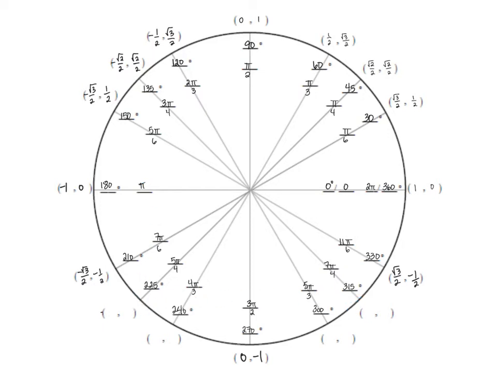So I flip that down, they both are negative, negative square root of 2 over 2, negative square root of 2 over 2, positive square root of 2 over 2, and negative square root of 2 over 2. And the last one, 60-degree family: 1/2 and square root of 3 over 2, negative 1/2 square root of 3 over 2, negative 1/2, negative square root of 3 over 2, because in that third quadrant, those are all negative. And over in the fourth quadrant, I have 1/2 and then negative square root of 3 over 2.